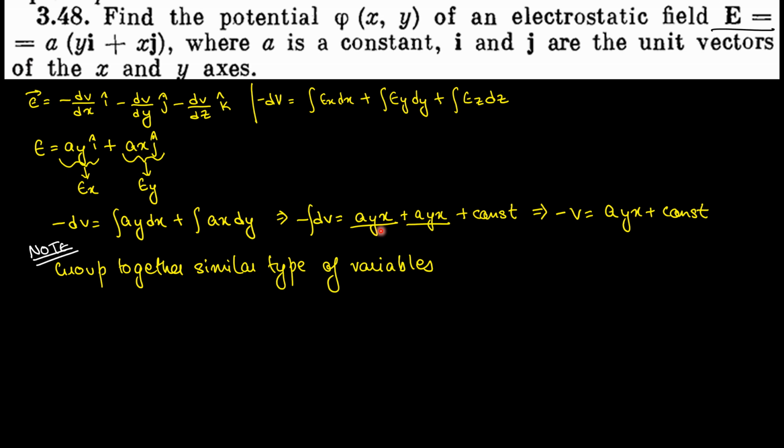But if you make the mistake of writing Axy plus Axy is equal to 2Axy, plus some constant, and then differentiate this V with respect to x, the electric field would not come out the same as the given electric field. So whenever you're integrating for electric field, always make sure that similar kind of variables are grouped together.